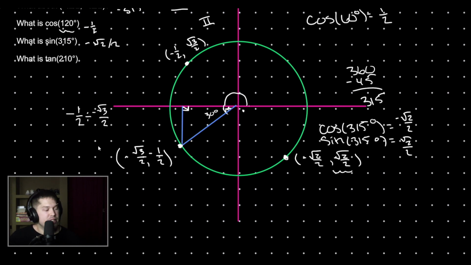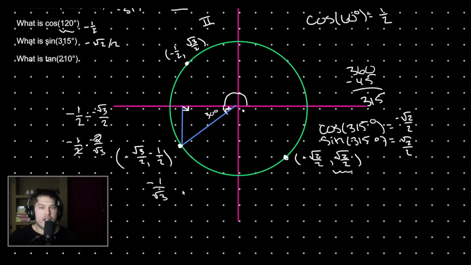Now dividing is the same thing as multiplying by the reciprocal. So negative 1/2 times negative 2 over root 3. Since both terms are negative, our answer is going to be positive. Notice how these 2's cancel out, and we are left with 1 over root 3.